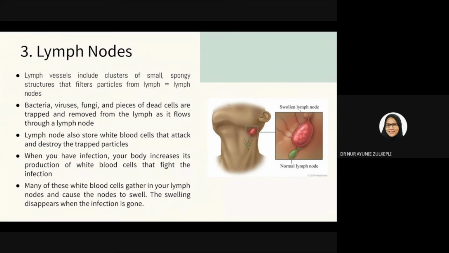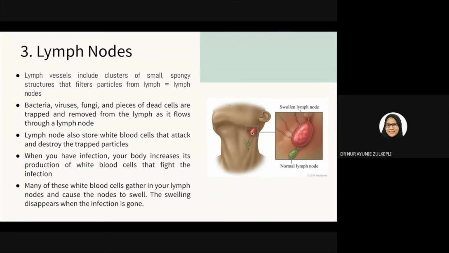And we know that your immune system is working right now to help fight the infection. Lymph nodes also store white blood cells that attack and destroy the trapped particles here. The white blood cells, after their production in bone marrow, will be moved to the lymph node.